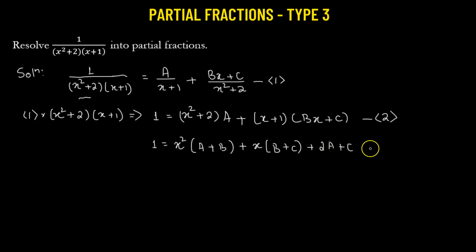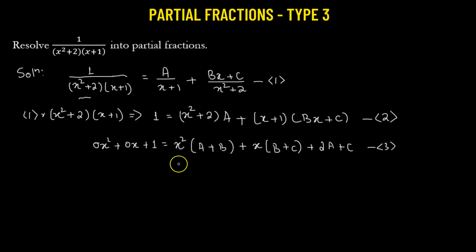So this will be equation number 3. But what we'll do is rewrite the term on the left hand side as 0 times x squared, because there is no term containing x squared. Then we also have no term containing x, so we can rewrite it as 0 times x plus the constant term 1. This is done so that we can compare both sides. So let's label this as number 3.